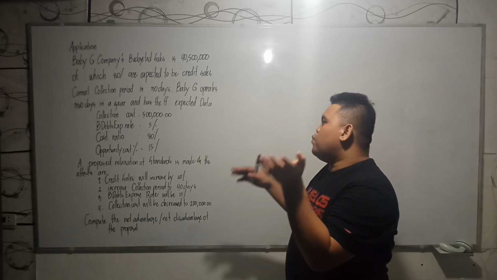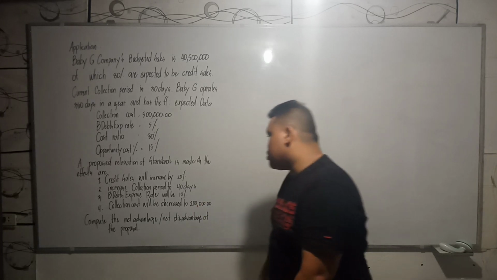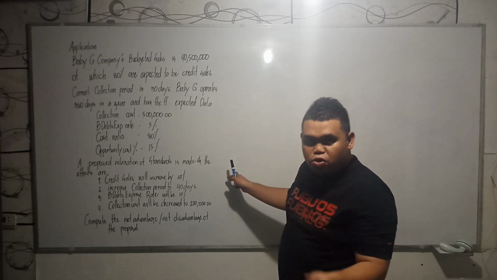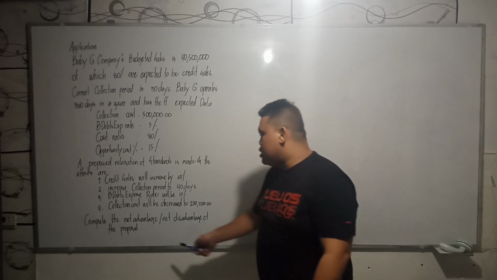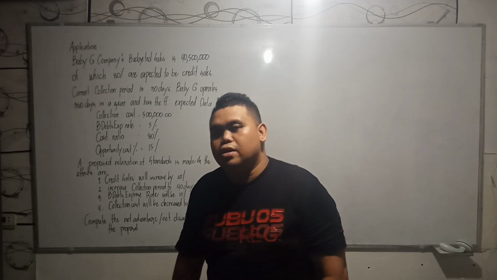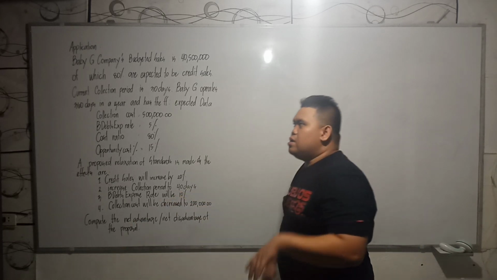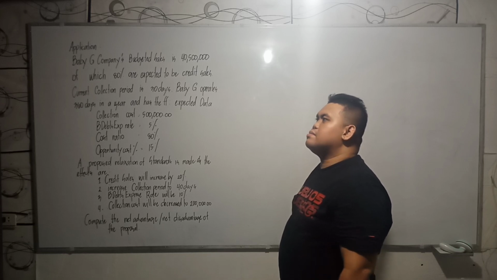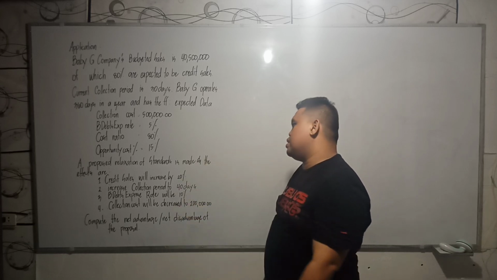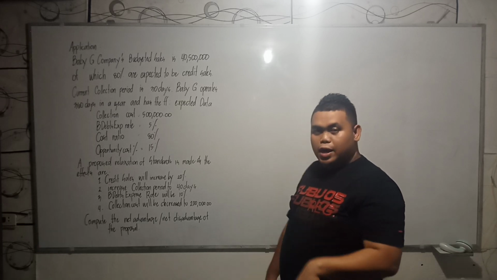And then we are now going to compute what if the proposal is pushed through. What will be the net advantage or net disadvantage of such proposal? Because based on that, we will make a decision on pursuing the proposed relaxation of credit standards or not. Okay?